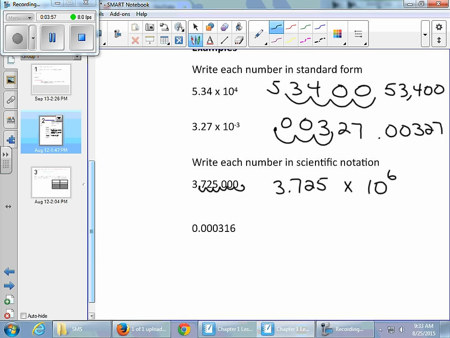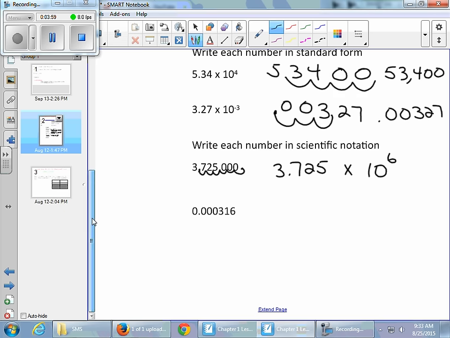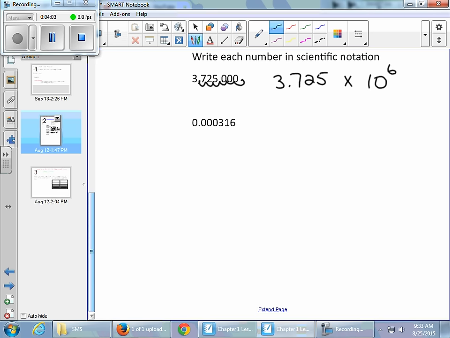Once again, now we have a decimal, and we're going to move that over until there's only one number left of the decimal. So we're going to put our pencil on the decimal and move it over 1, 2, 3, 4. You see 3 is the only number left of the decimal, so that's where we stop. We have 3.16 times 10 to the 4, but we made that number bigger.